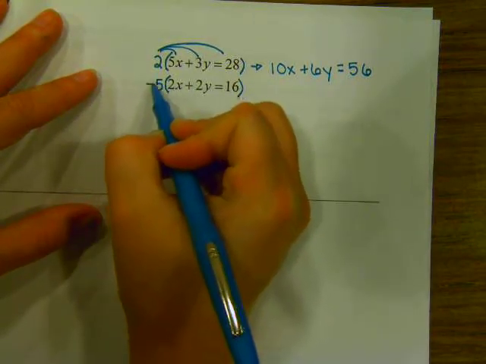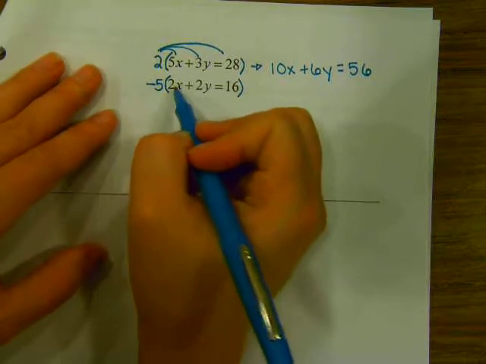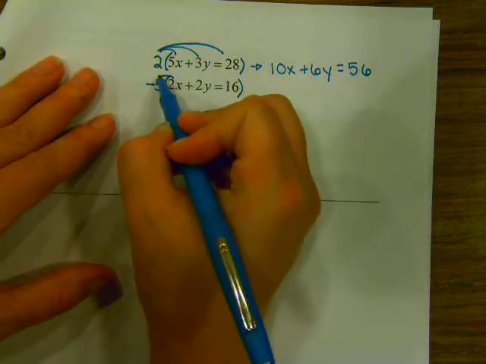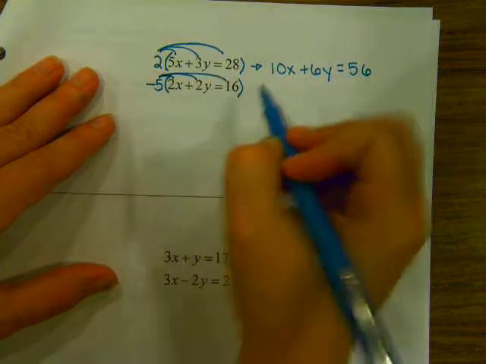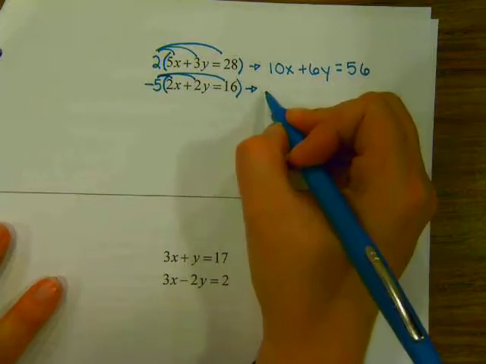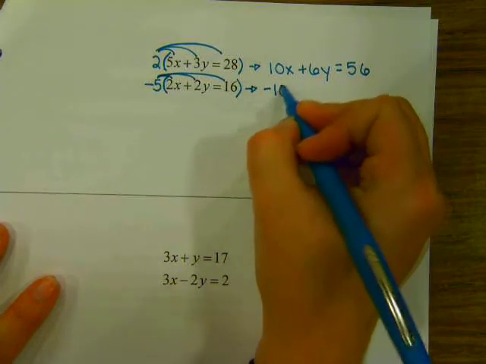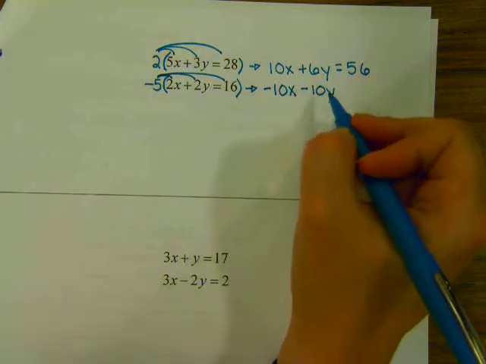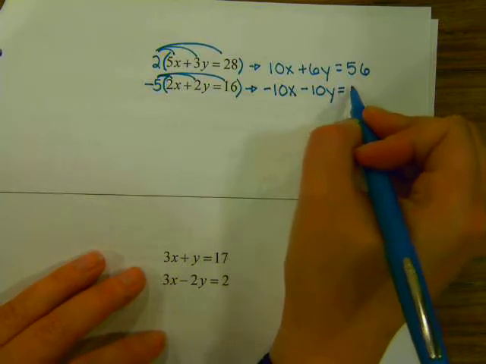I have to multiply it by a negative 5 because I want opposite numbers. So again, I'm going to take every number and multiply it by negative 5. So then that's going to make negative 10x, negative 10y, and then 16 times negative 5 equals negative 80.